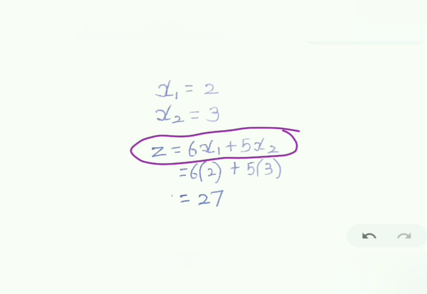We make row operations such that this happens, relating the new values with the old values. Finally when Cj minus Zj is less than or equal to 0, we say that the optimum solution is reached.